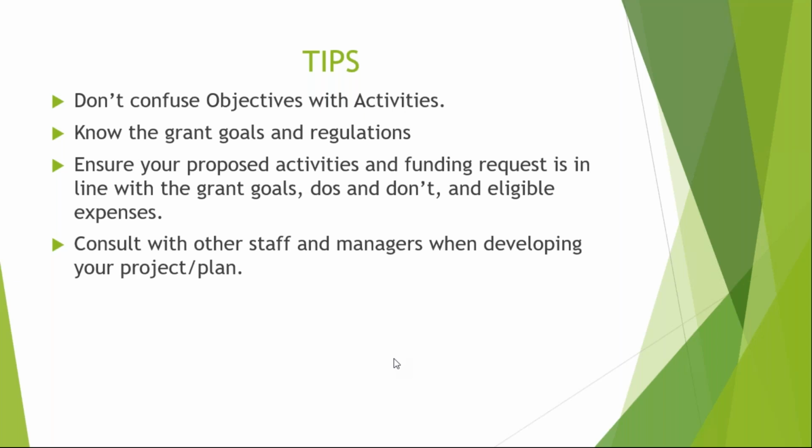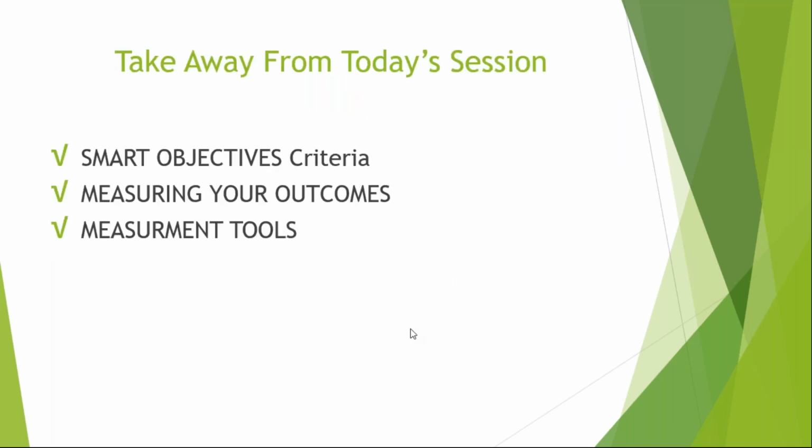Review it and make sure you're in line with it. You have to follow not only the grant guidelines, you also need to be sure to follow the OAIV guidelines. And if you're thinking about changing, adding something, improving, enhancing, always consult with your other staff or colleagues.